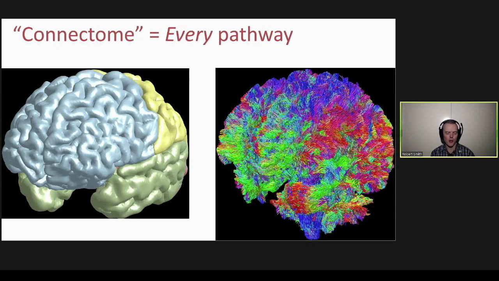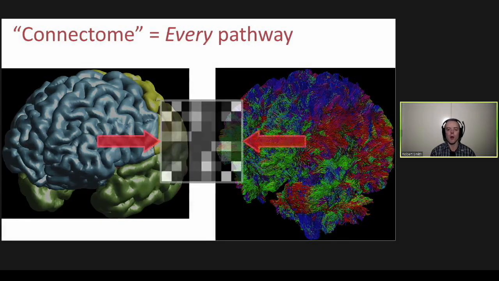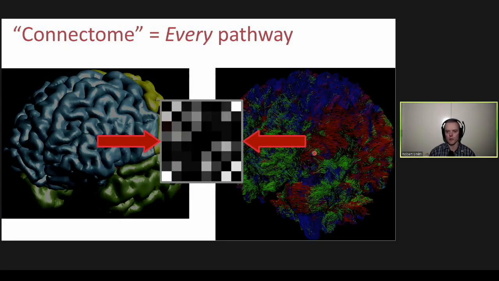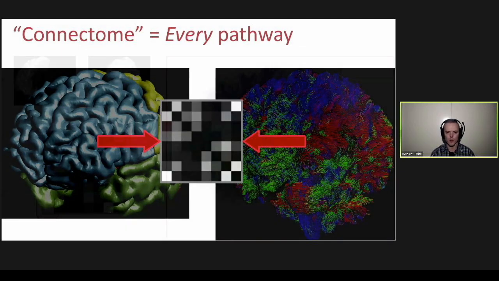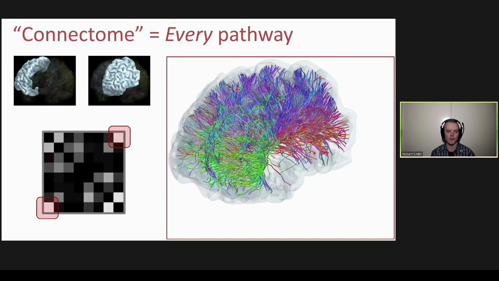So here on the left, I have a very coarse parcellation of brain grey matter into 4 lobes per hemisphere. On the right, I have a whole brain streamlines tractography reconstruction. And ideally, we want to somehow combine these two things together to produce a matrix, the connectome matrix. What this matrix represents is that if you look at any particular element within it, the value stored here reflects some measure of connectivity.